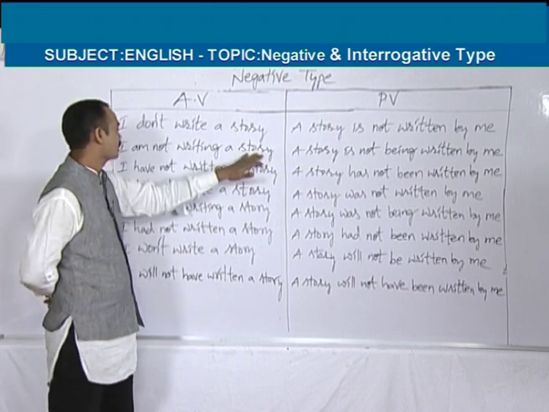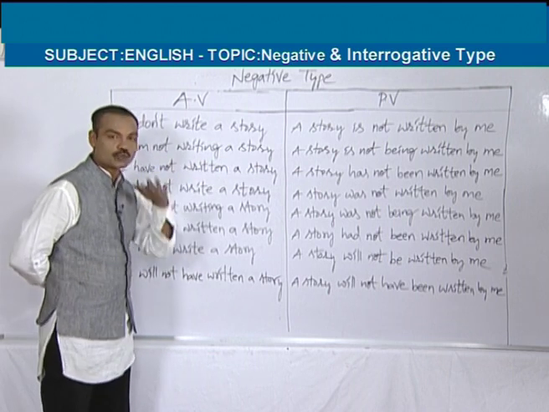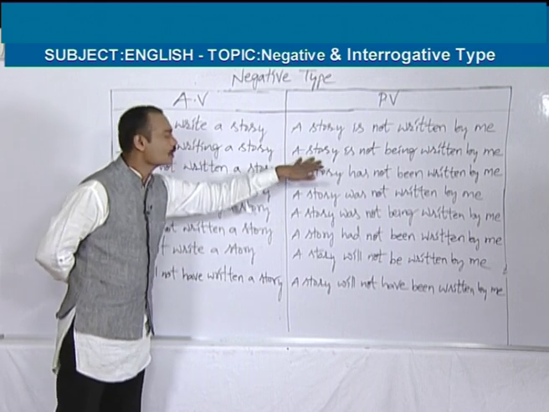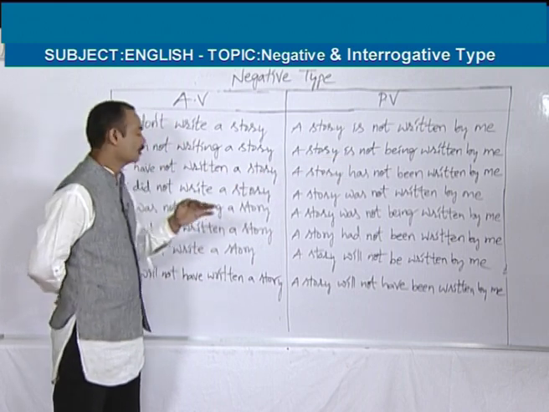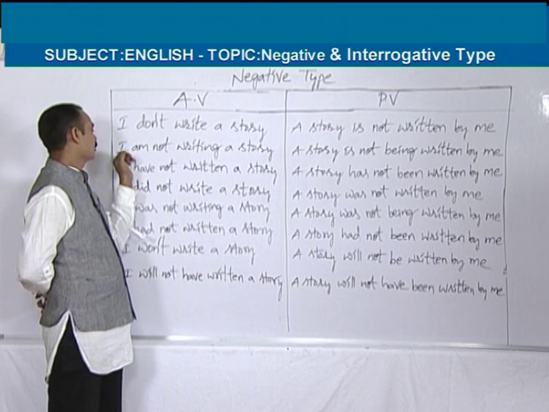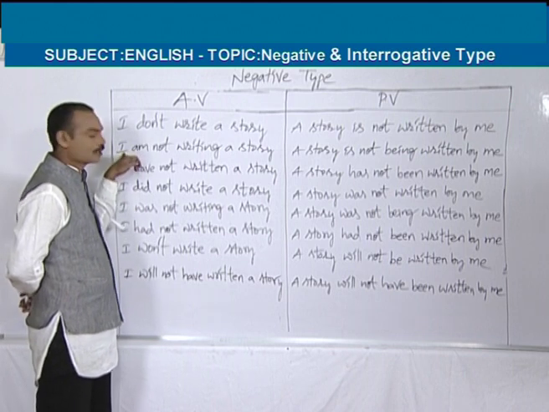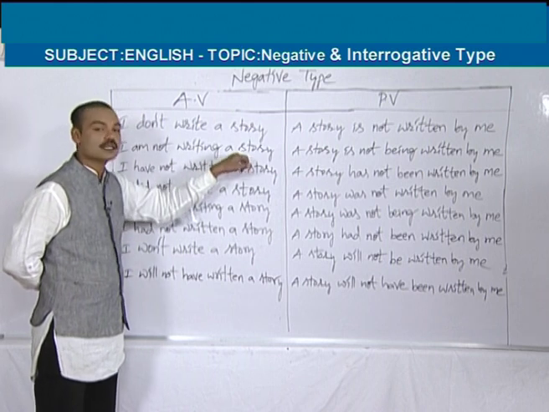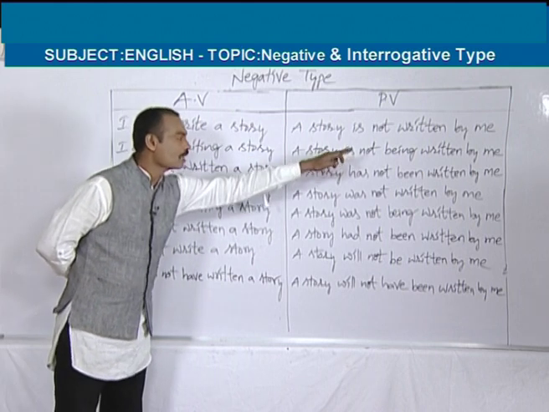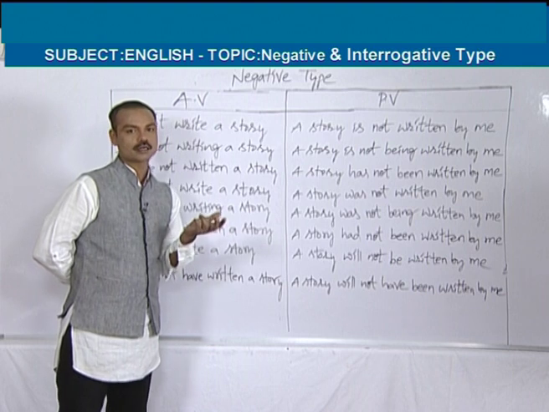For example, stories. I am not writing stories, plural object. Stories are not being written by me. Let's take another subject. For example, the subject here is Prabhakar. Prabhakar is not writing a story. A story is not being written by Prabhakar.